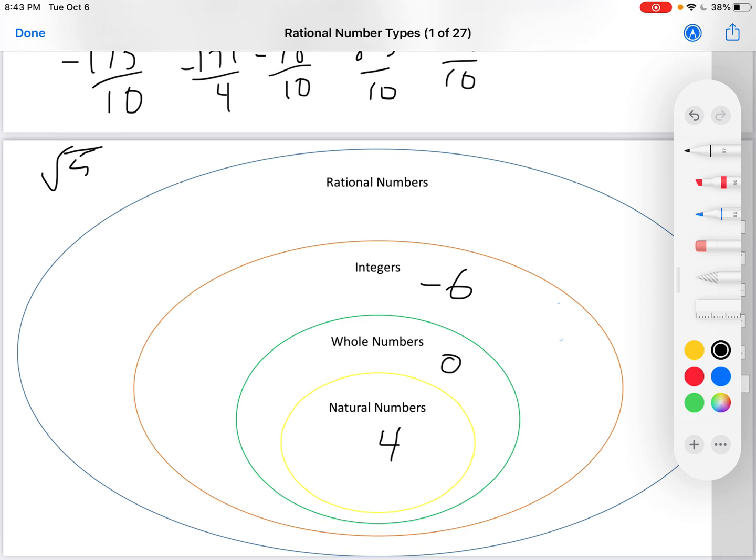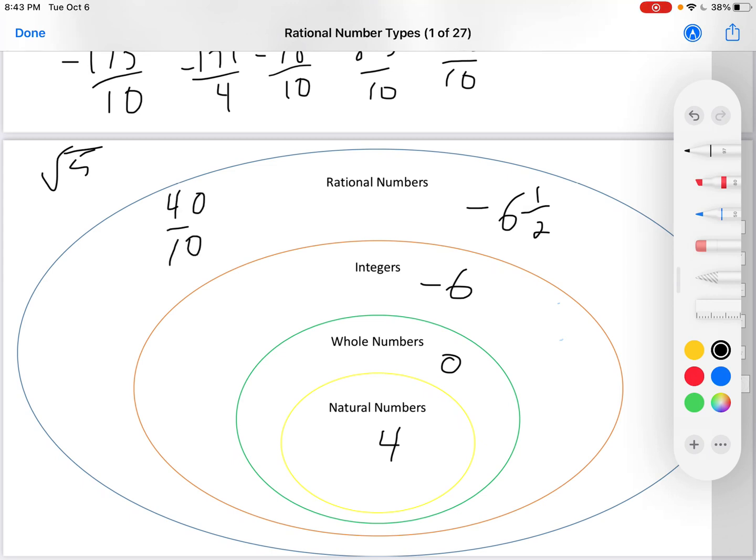So where would negative 6.5 go? It would go here in the rational numbers, because I can rewrite that as negative 13 halves. And that proves that it's rational. But it has to stay outside of the integers because it has a fraction part, the 1/2. Maybe I'll clean that up. There, cleaner.